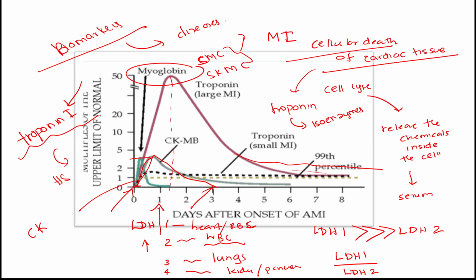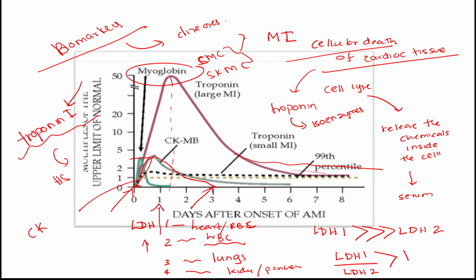Again, something that is relevant and close to ALT to AST. If the LDH1 to 2 ratio is greater than 1, it means there is a higher chance that the injury would be specifically in the heart. So that was identified.